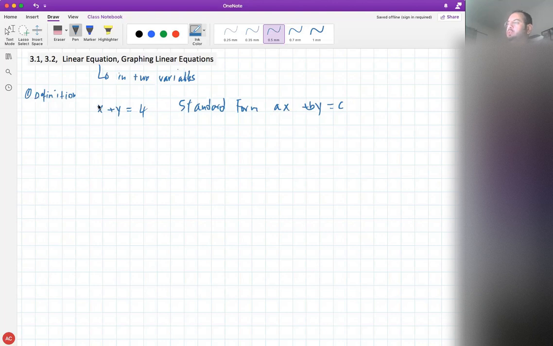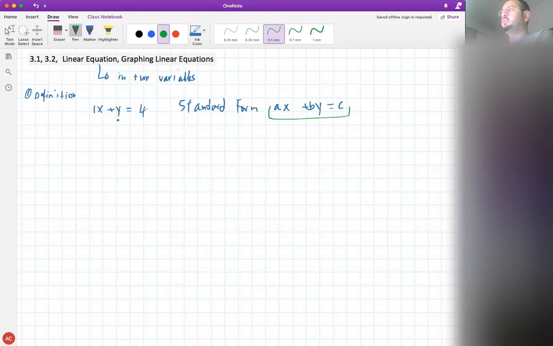For example, here the coefficients are invisible, they're 1 and 1. But they could be 2, 3, -5, 7/2, any sorts of real numbers. So that's how first degree equations with two variables look. All will have this form.